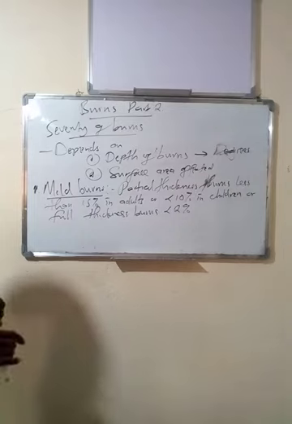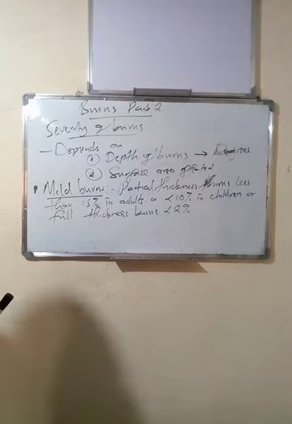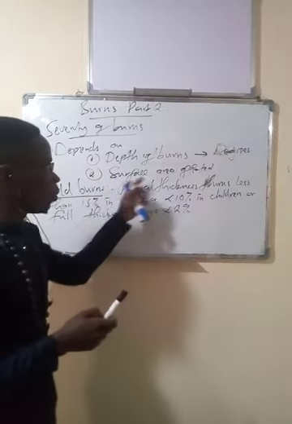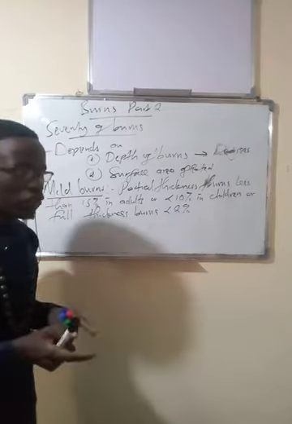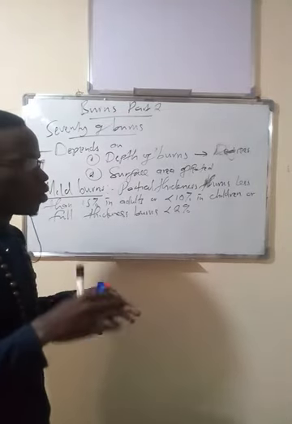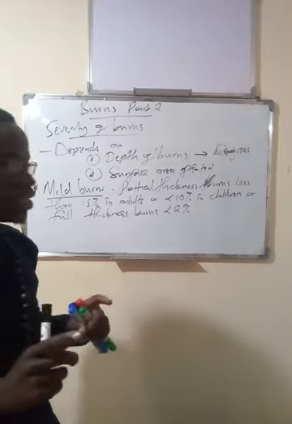So we're saying that severity of burns depends on the depth of the burns, where we're looking at the degrees, and then also the surface area of the body that is affected. The deeper the burns, the more layers of the skin that are affected, the more severe the burns are.